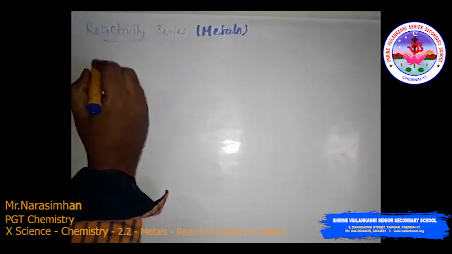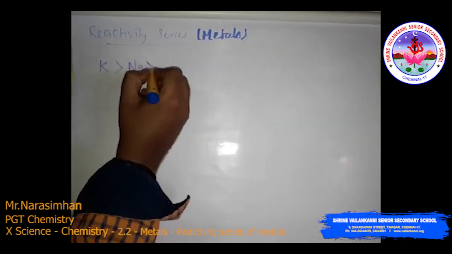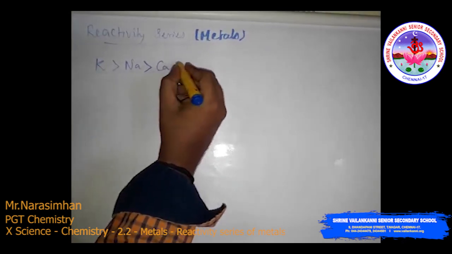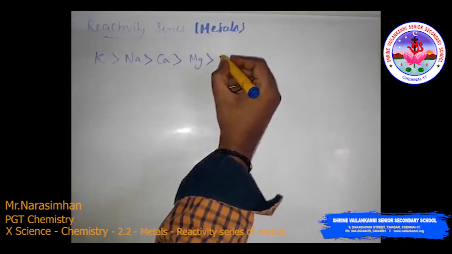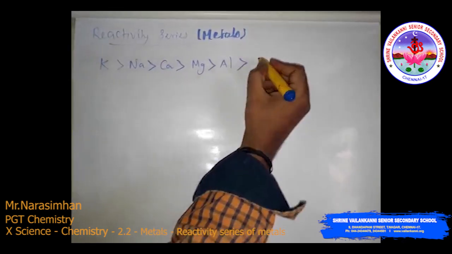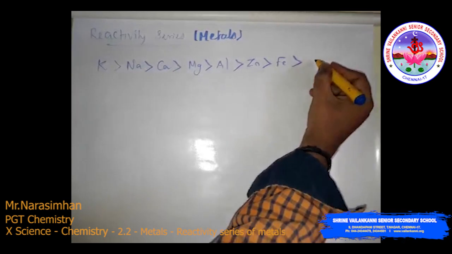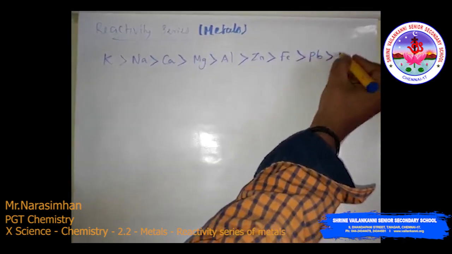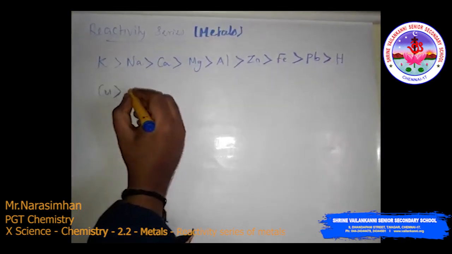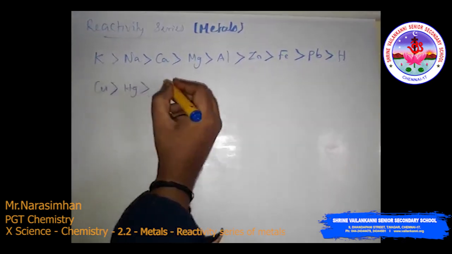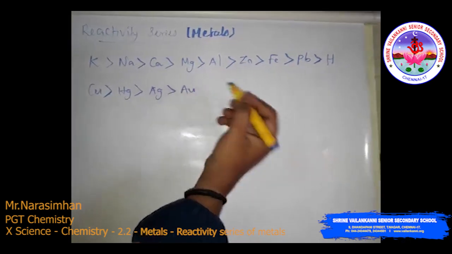For example, potassium is greater than sodium, is greater than calcium, magnesium, aluminium, zinc, iron, lead, hydrogen, copper, mercury, silver, gold and platinum, like this.